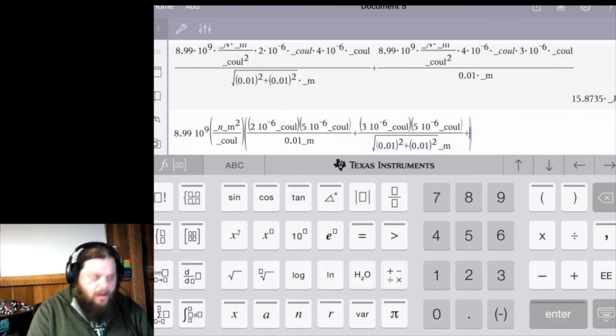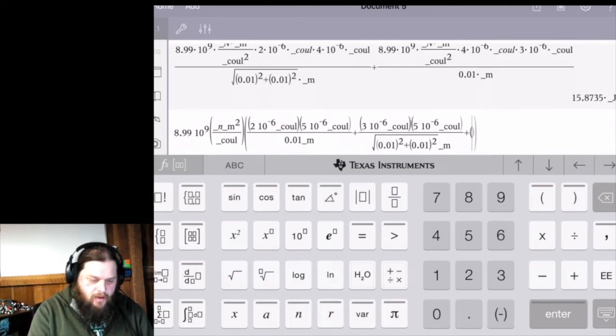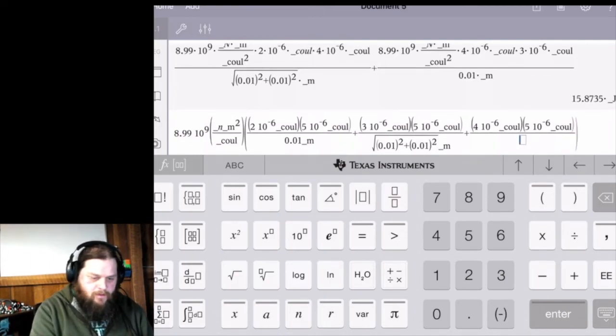We should then add the work done by third on the fourth, which is going to be 4 times 10 to the negative 6, times 5 times 10 to the negative 6. We'll divide that by the distance between them, which is 1 centimeter.